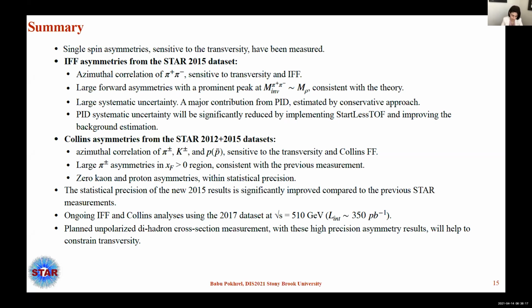Marco: Yes. Thank you very much for this presentation. And I have a question on the last item in your summary list. I'm really interested to know your timescale for these unpolarized dihadron cross-section measurements, because you probably know that most of the uncertainties that come in my fit from including, in the chi-square, the proton-proton collision data come from basically the total ignorance we have on the gluon fragmentation into pions.